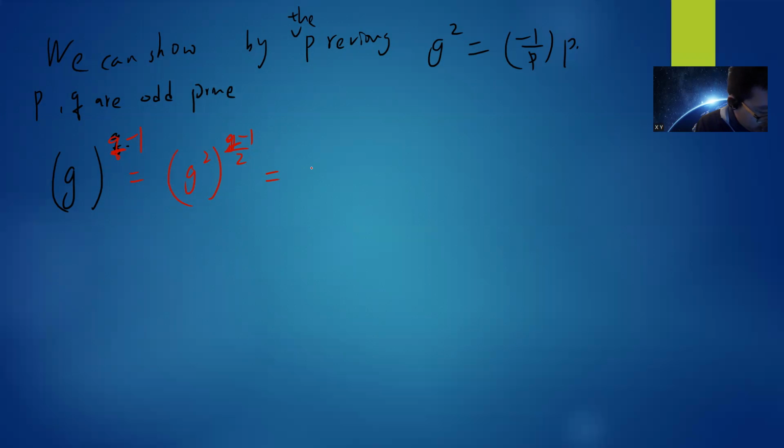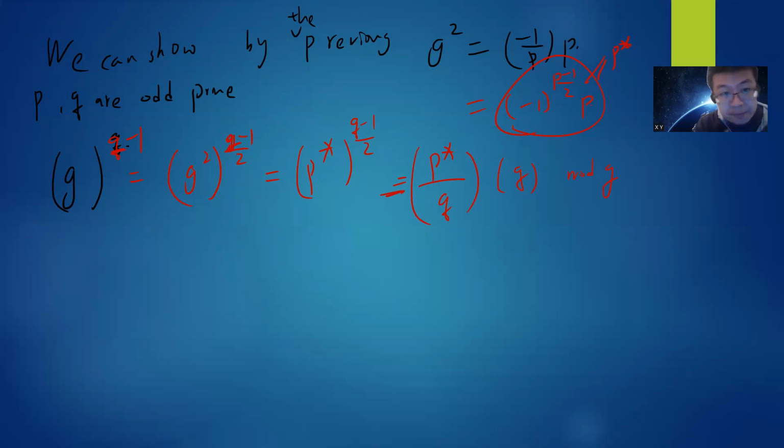Let's write it like this, and for convenience, let's use p star for this. So I can write this as p star, right? I have p star to the power (q minus 1)/2. By definition, this is (p star / q), the Legendre symbol mod q.